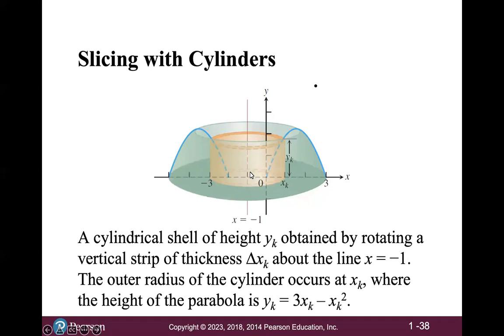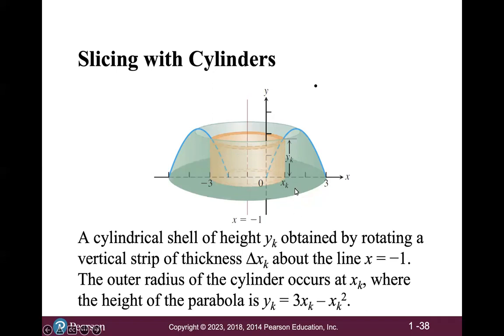Here, in this gold color, you can see the cylindrical shell of height y sub k, obtained by rotating a vertical strip of thickness delta x sub k about the line x equals -1.